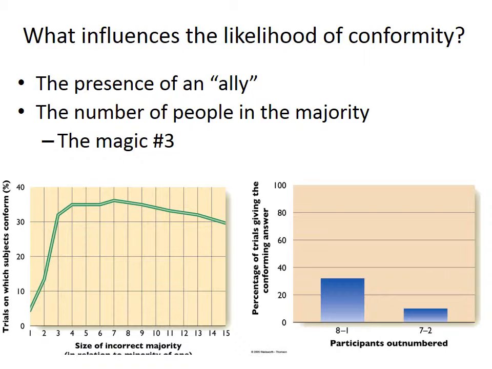Namely, if everybody's giving the same answer, our ability to resist the group is greatly weakened. So in a study, about 35 to 40% of participants caved to the group when there was nobody else that gave an alternate answer. But the first second somebody gave an alternate answer, the first second an ally was present, conformity dropped to below 10%.